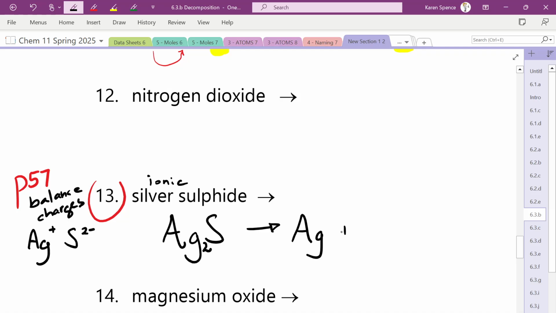The other one is S. Are any of those diatomic? None is diatomic, but one of them is weird. Which one is weird? Sulfur, and sulfur has to be S8. Okay, and that means that now we need 8 sulfur, which means we put an 8 here, which gives us 16 silver, so we have a 16 there.